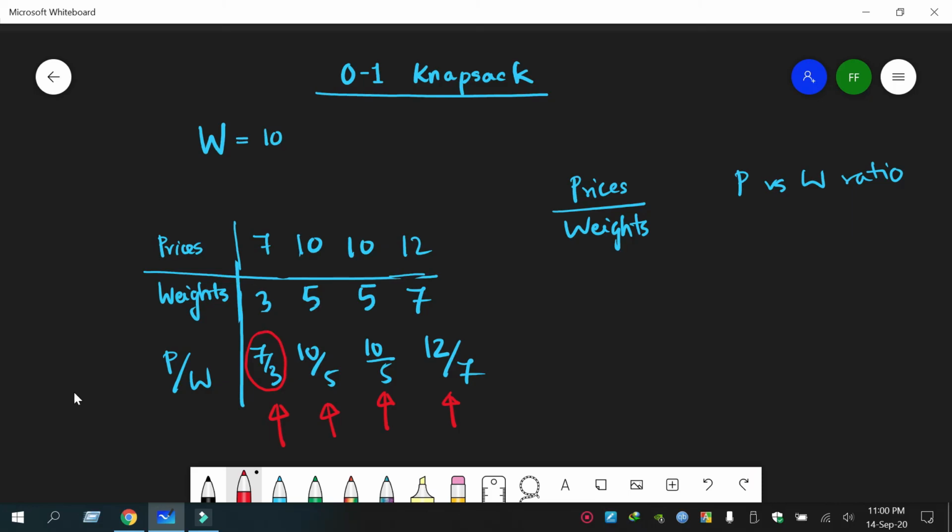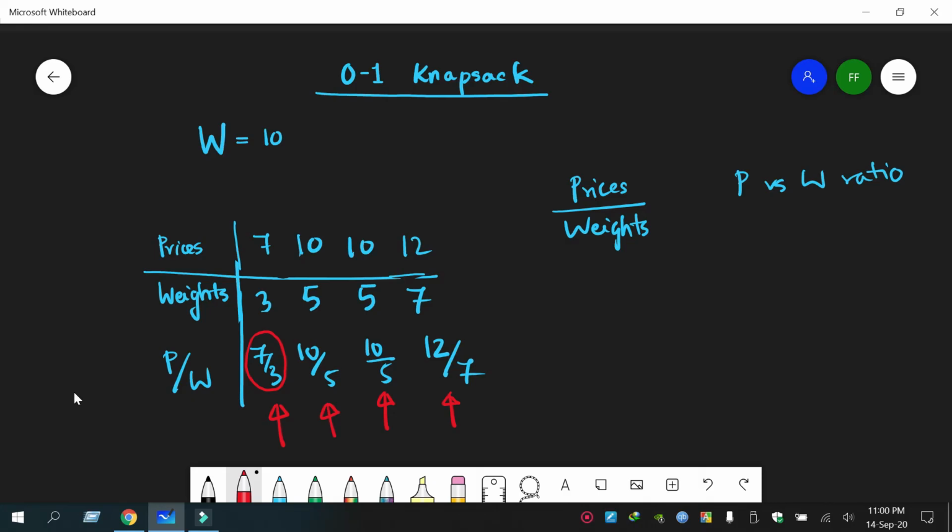And as you can see, that is not the correct answer, because if you take this item, then you can either take only one of these other 3 items and it will never be 20. It will always be less than 20, hence this is not the right answer.